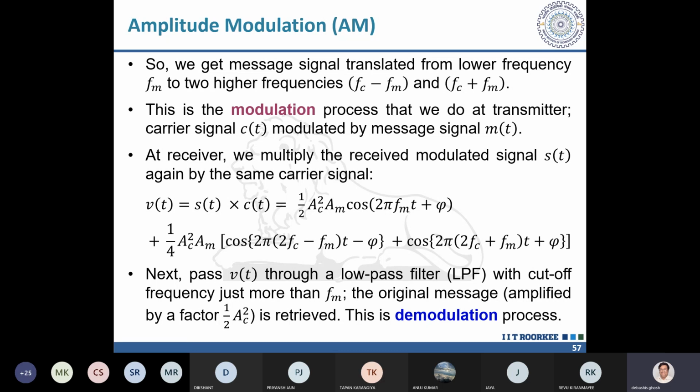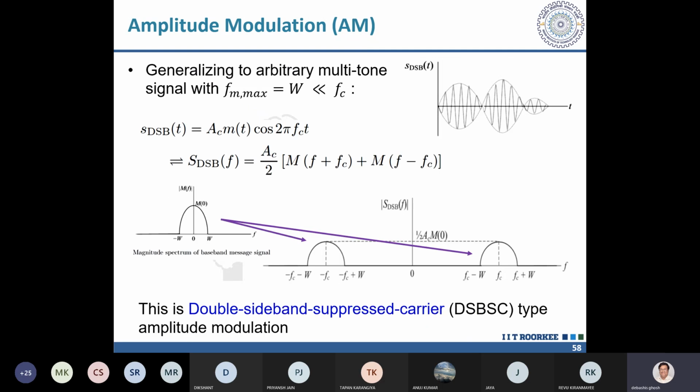Now I am talking about a single tone message. So this can now be generalized to a multi-tone signal. As I was saying, voice has all the frequencies from 0 to 3.4 kilohertz. So there are many FMs. Basically, there are many sinusoids with different frequencies, and FM is 0 to 3.4 kilohertz. All the different sinusoids are there in my voice.